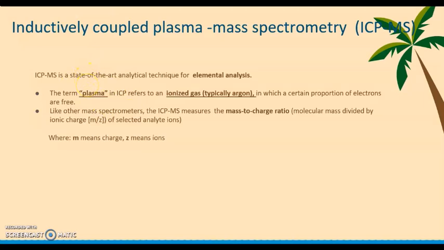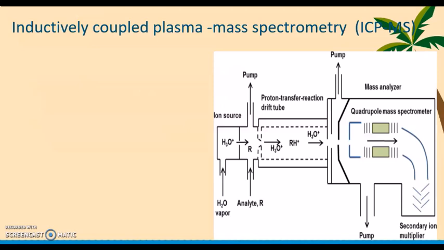Ayan. So, yun po yung ginagamit po nating unit para sa ICP-MS. So, tinitingnan natin yung ratio ng ating pong charge doon sa ion or the mass to charge ratio o yung tinatawag nilang M over Z. M meaning charge and Z meaning ions.